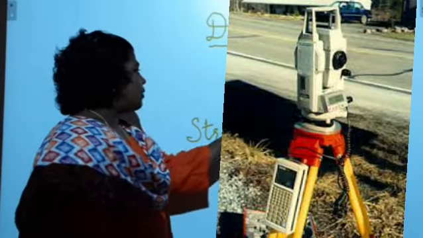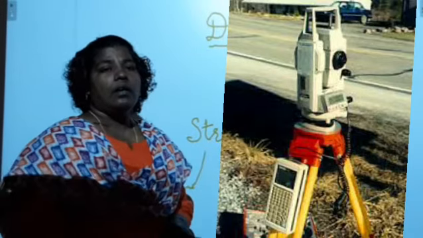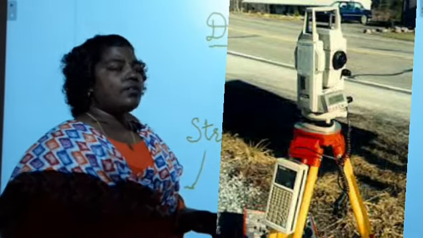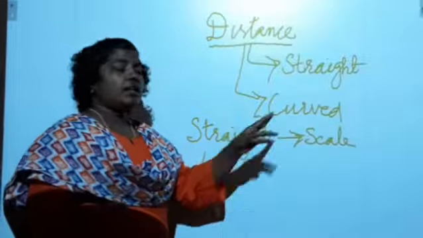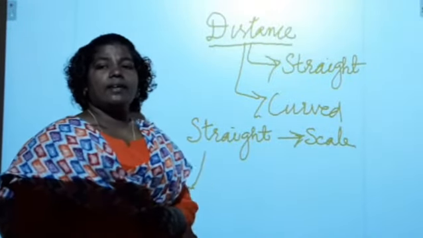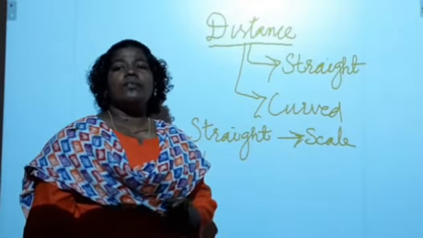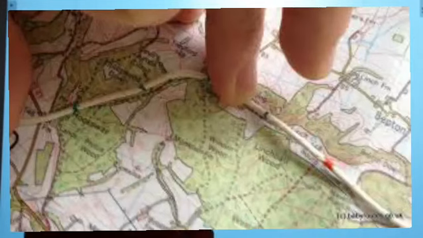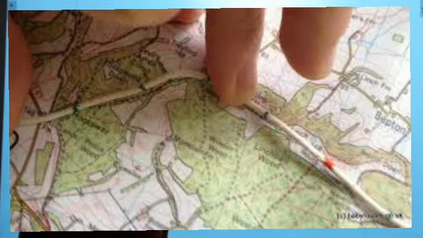And the next one is curved areas. How will you measure curved areas? Curved areas like railway tracks, roads, rivers, and other different features. How are we going to measure the curved lines or curved places?